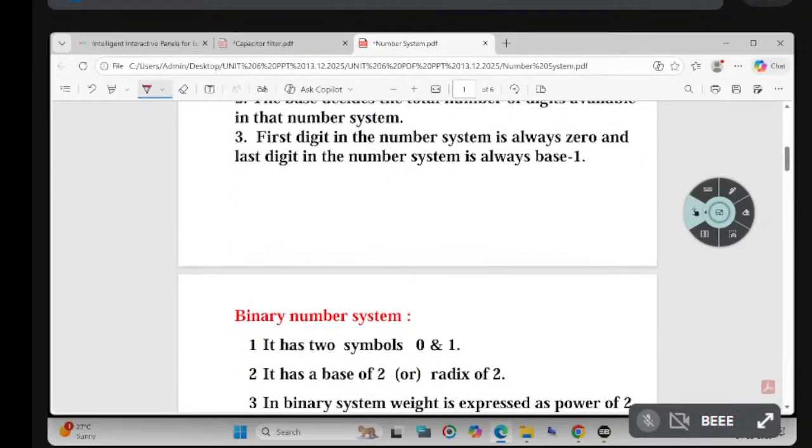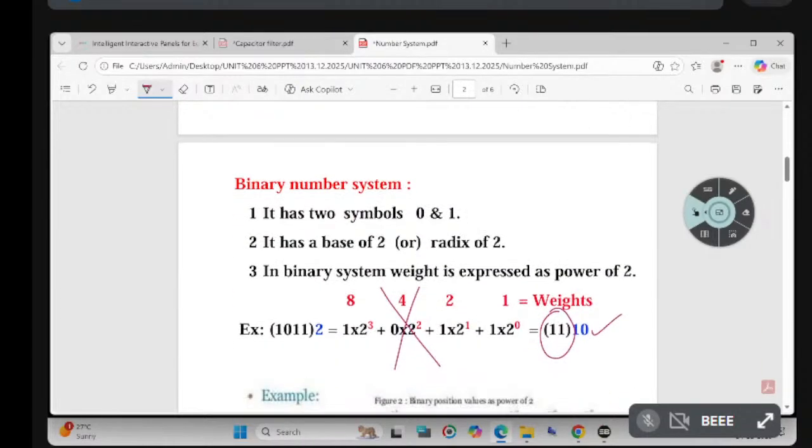Write down. First one, binary system. Write down binary system heading. Be silent.